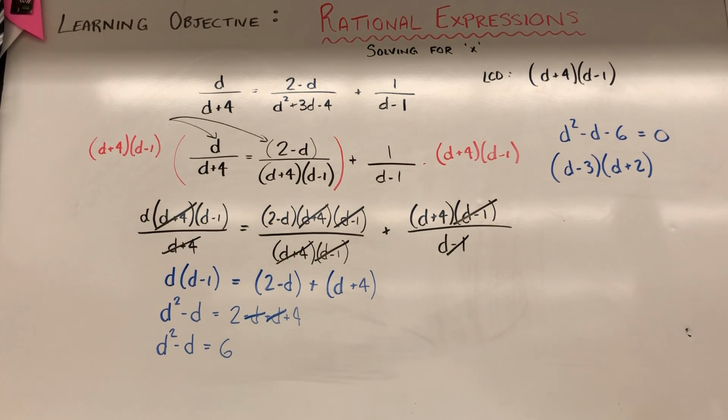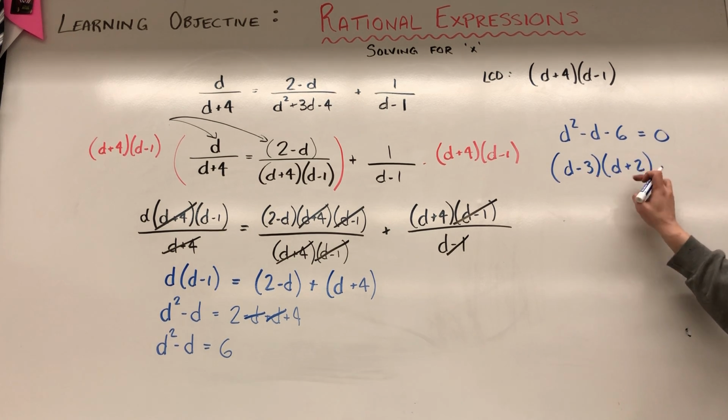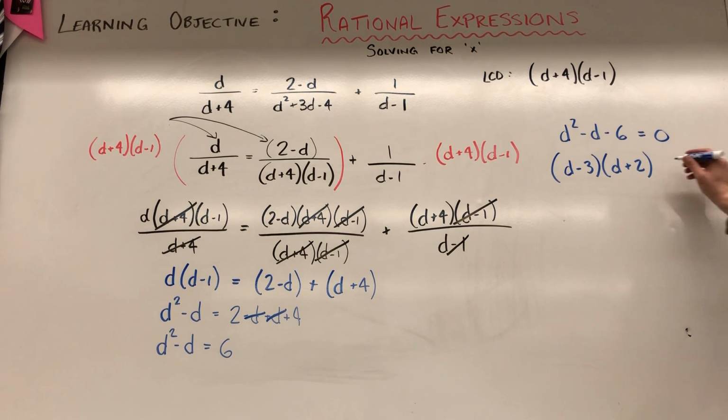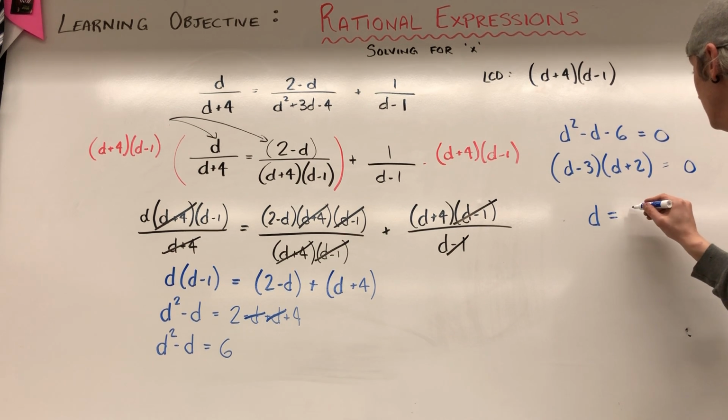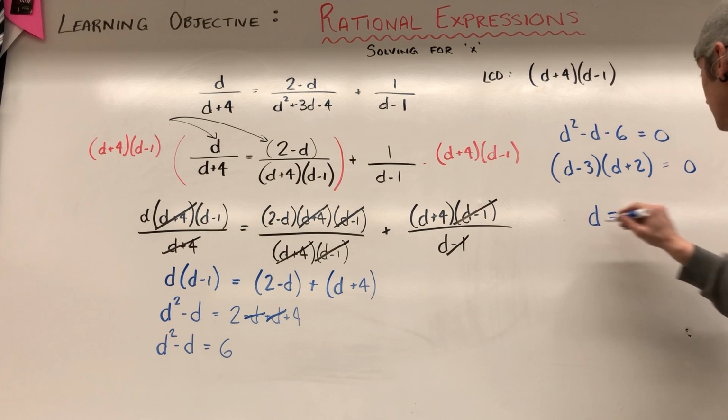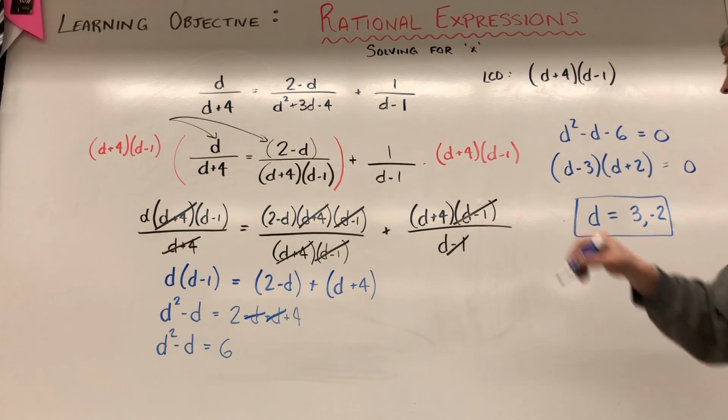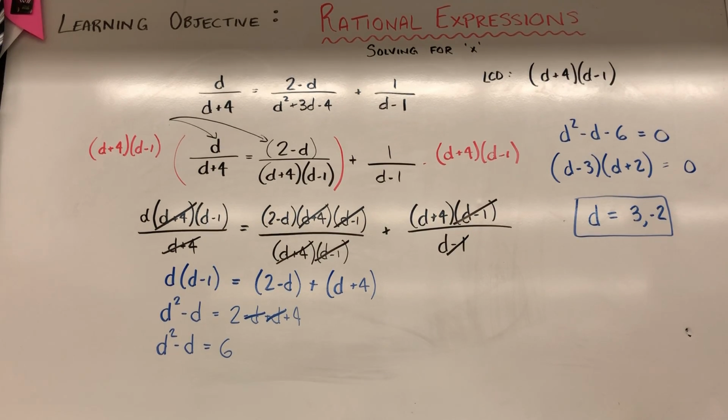Two numbers that multiply to make negative 6 are negative 3 and positive 2, and negative 3d plus 2d gives me negative d. Therefore, my answer here is that d equals 3 and negative 2.